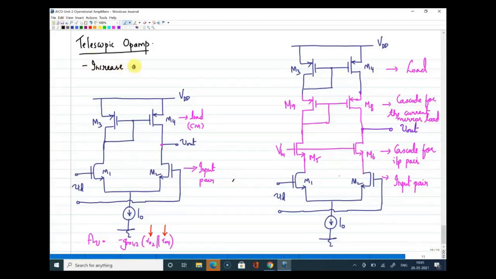So increase gain by extending the structure, that is, by cascoding, and hence we call this a telescopic op-amp. Is that clear? So this is your telescopic op-amp.